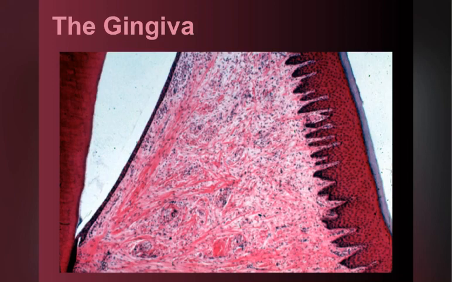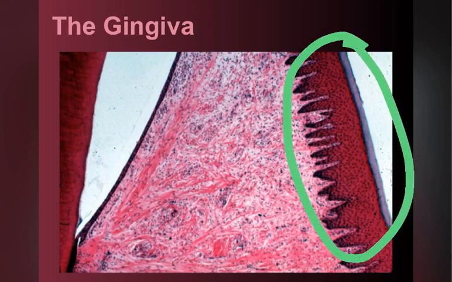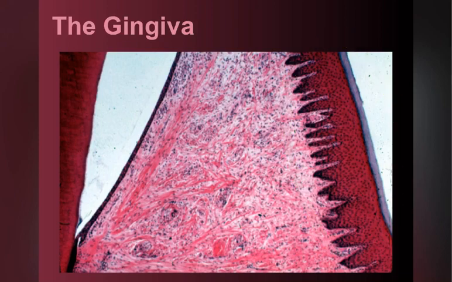We see it's thin, smooth, and it doesn't have rete ridges. If we go up, we will find the sulcular epithelium, which has rete ridges and is not bound to the enamel. And this is the external side of the gingiva, which is keratinized epithelium, and this is the lamina propria of the gingiva.